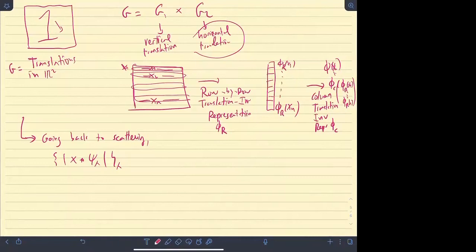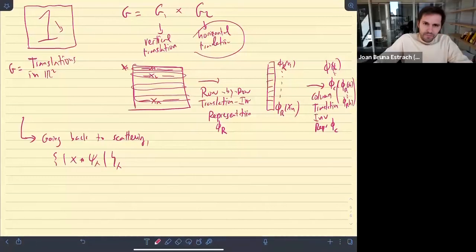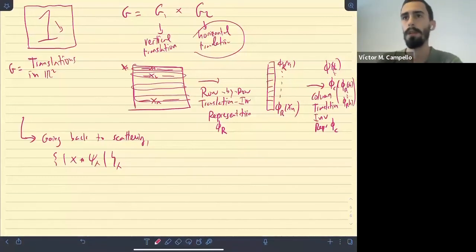I had a question. Yeah. Regarding this construction of the representation, it seems to me that you have some sort of ill-posed representation by building it, composing different translations in this way that you propose. So how would you argue this?